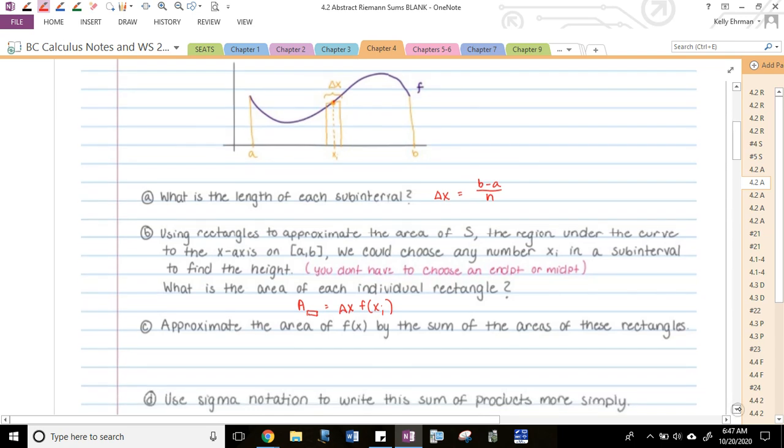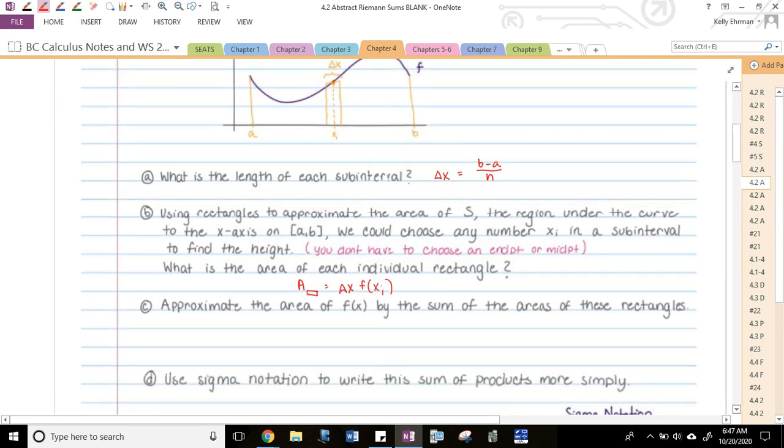Approximate the area under f of x by the sum of the areas of these rectangles. So we don't know how many rectangles we have, but it's the sum of a certain number of areas. We use the notation S sub n, the sum of n rectangles, is equal to, every rectangle has this delta x for its width, and then the heights vary just like they did with our regular Riemann sums.